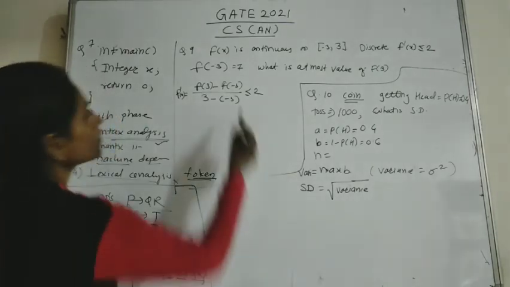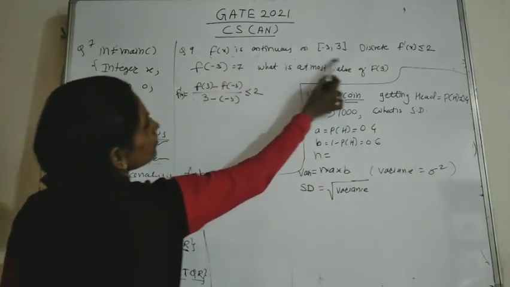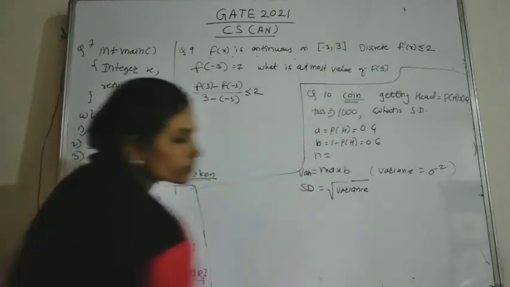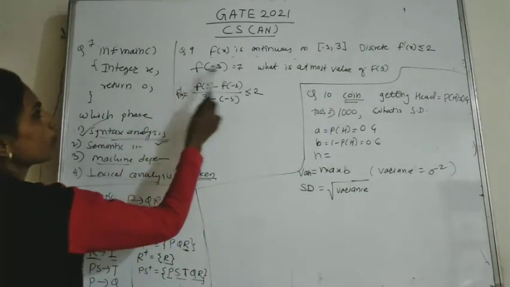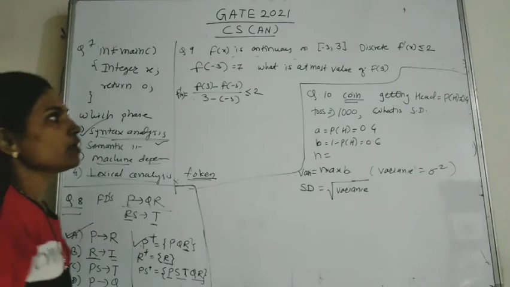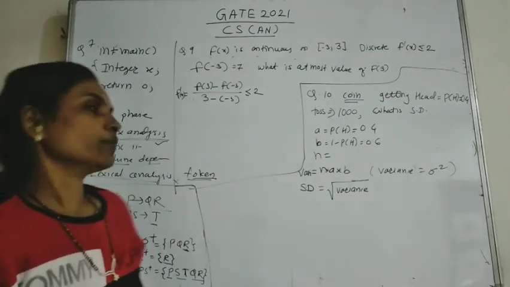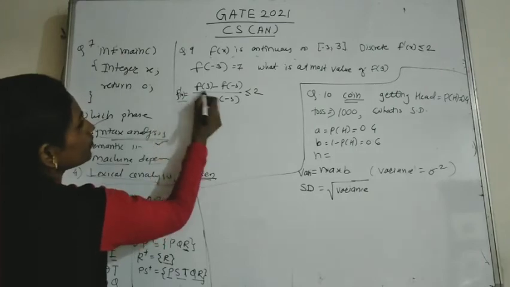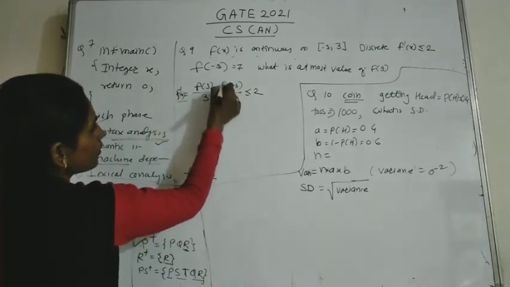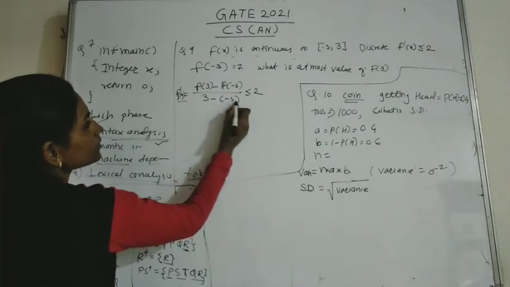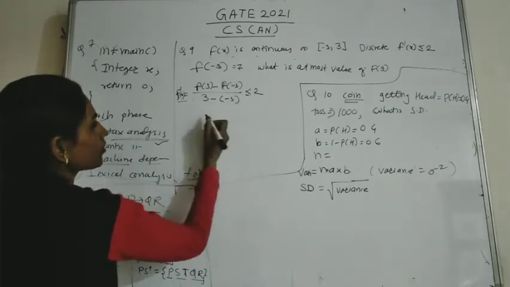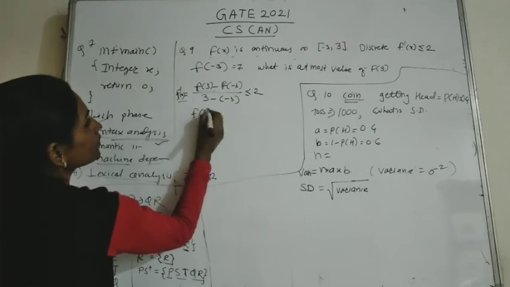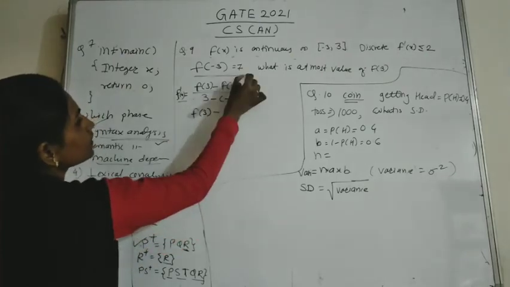Now the next question is f of x is continuous on minus 3, 3. The derivative of f of x is less than or equal to 2. F of minus 3 is given as 7. The value of f of 3 we calculate. So f dash of x is equal to f of 3 minus f of minus 3 over 3 minus of minus 3, less than or equal to 2. When we solve this, f of minus 3 is given as 7.